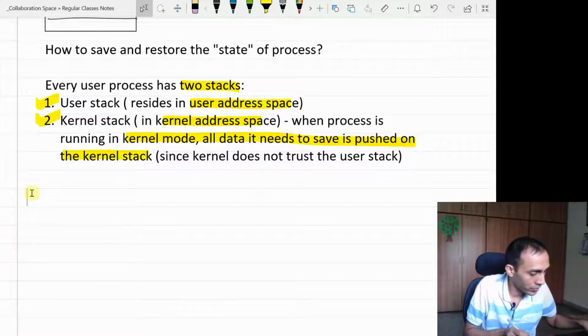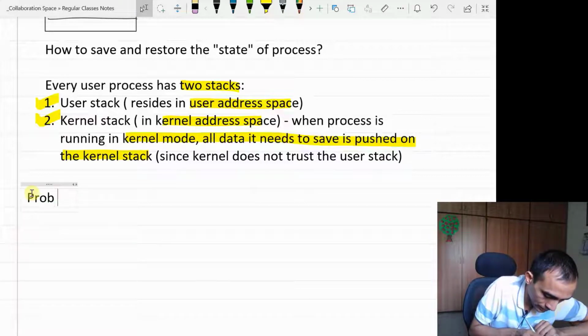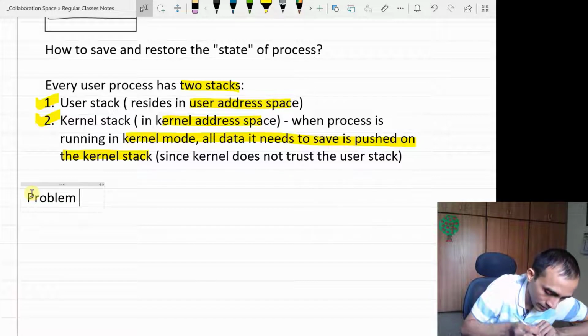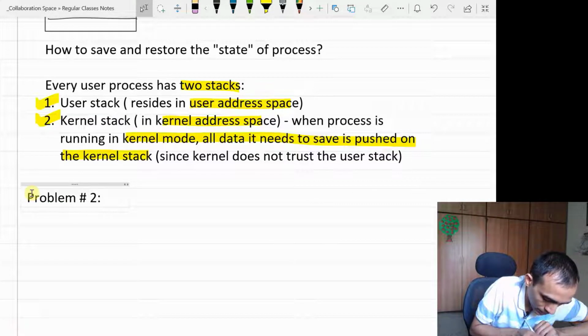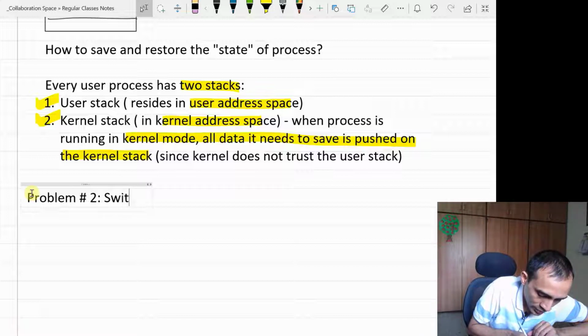So today we will be talking about the second problem, problem number 2, which deals with switching between processes.